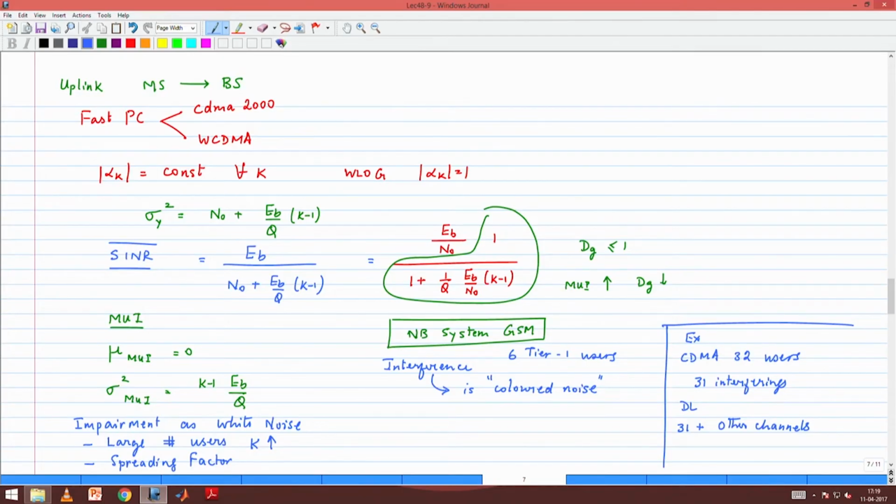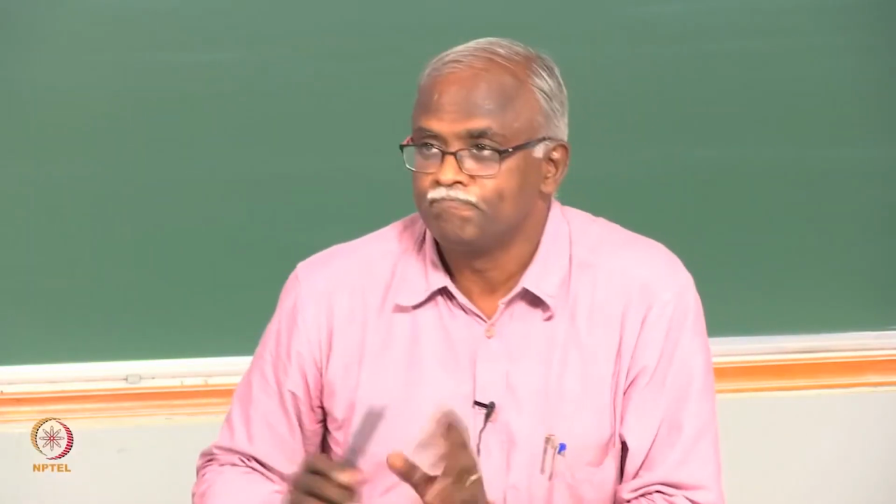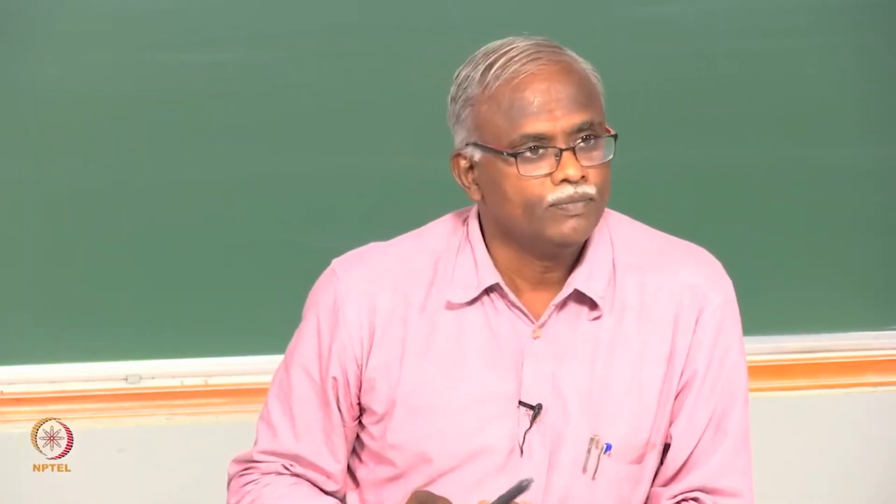And that can be related to a degradation factor, which then tells me that my Eb by N0 will always be worse than what I will see in just a single user AWGN channel. Okay? Any questions?